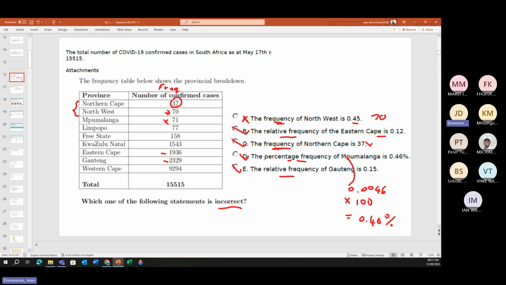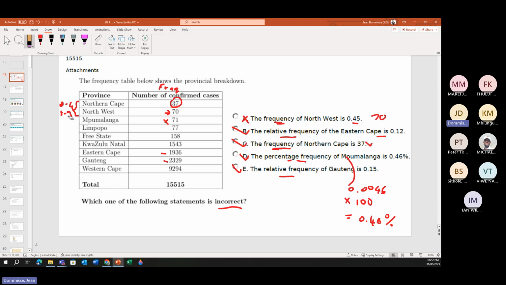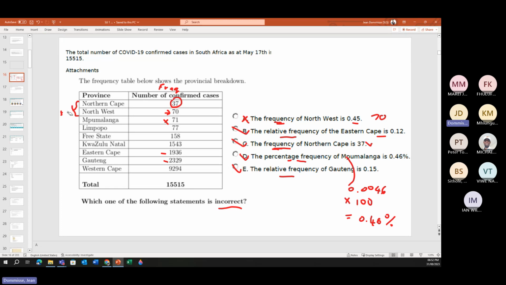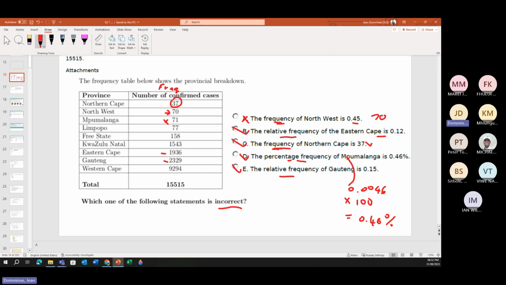Otherwise it doesn't make sense to have a cumulative frequency in something like this. It is easier to do cumulative frequencies if we had certain bands, like 0 to 4, 5 to 9. But on provinces it doesn't really make sense.